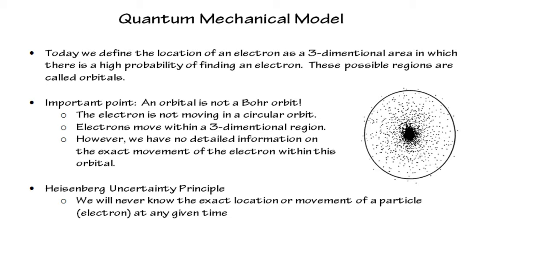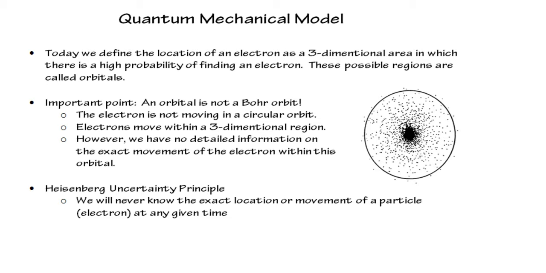This is about the best we can do, is to say there's a good chance that I will find an electron in this region around the nucleus. Is it close to the nucleus? Is it far from the nucleus? But within this three-dimensional orbital, we'll never know the exact location of an electron. They're constantly moving.